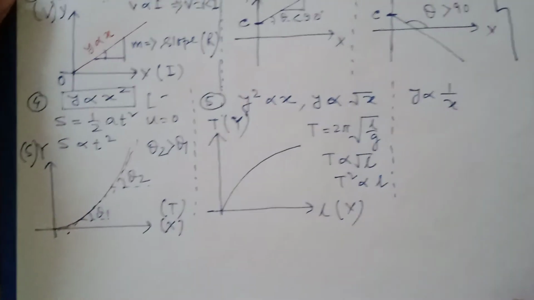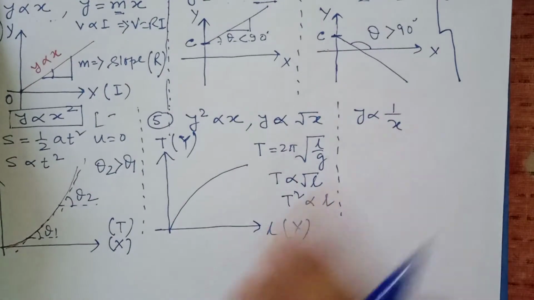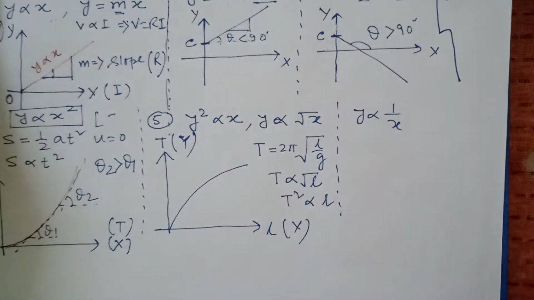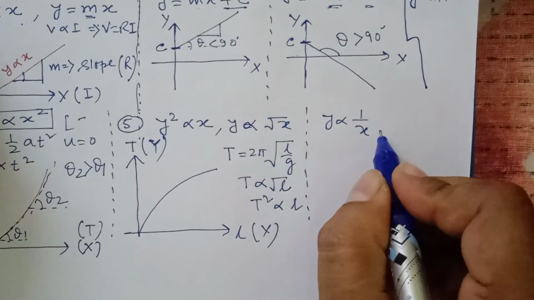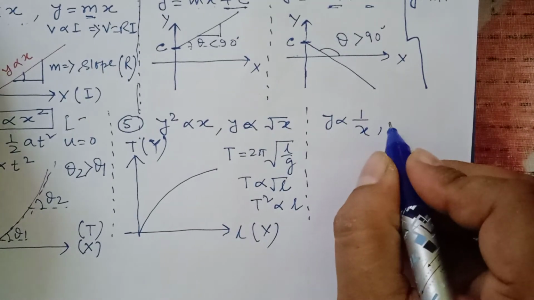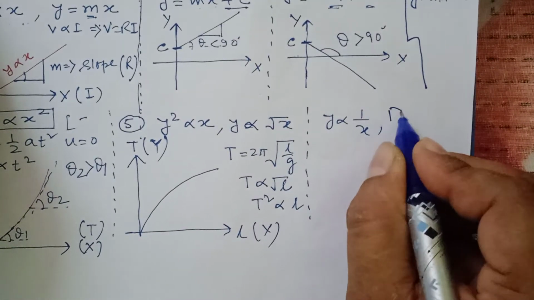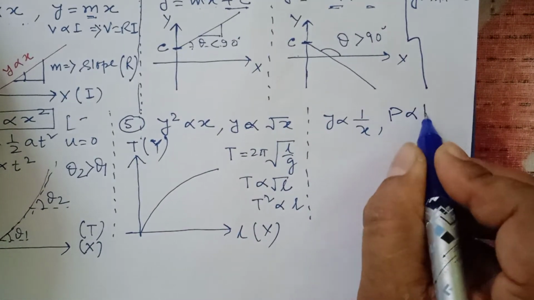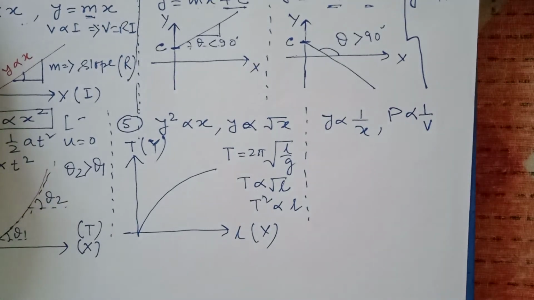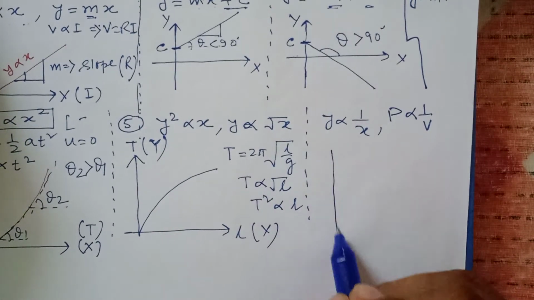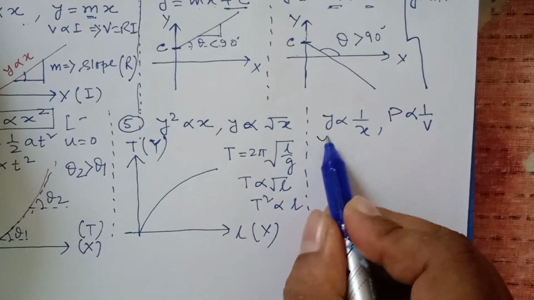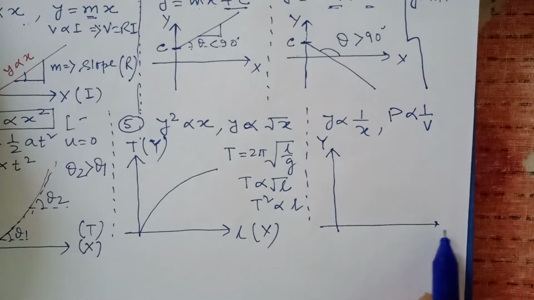Next, see, y proportional to 1 by x. So students, you can compare this equation with Boyle's law, P proportional to 1 by V, right? In that case, you can draw the graph. This is y and this is x.